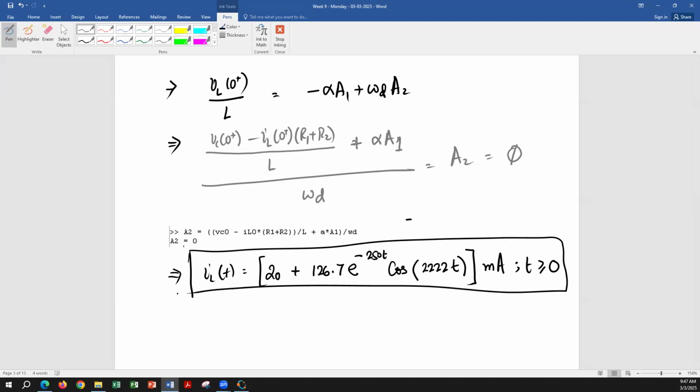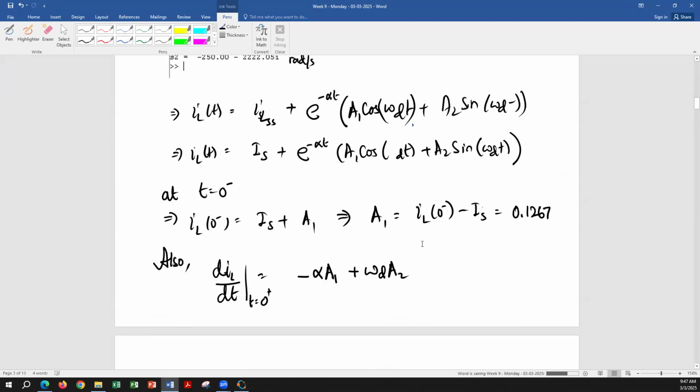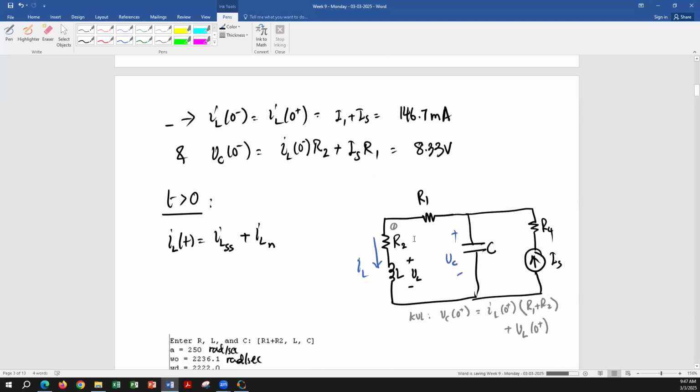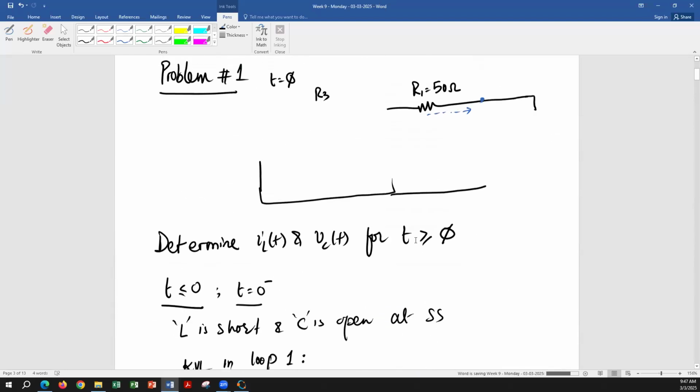If you have any question, please go ahead and ask. Again, at t equal to 0, the exponential will be 1 and the cosine will be 1. So initial current value will be 146.7 milliampere. Just make sure to check that that is the value that you have.